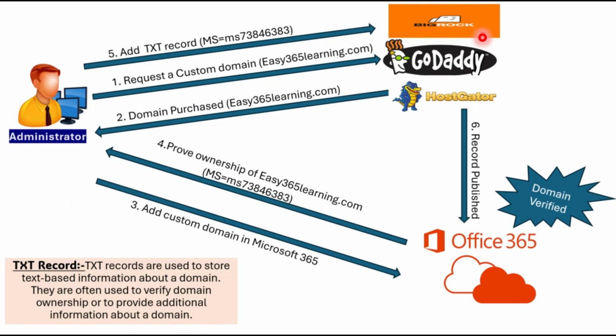And once the record is added there in the DNS registrar, it usually takes a few minutes to hours for the records to get published across the globe. And once the records are published, the domain will get verified in the Office 365 tenant. And that's how the TXT record is leveraged to verify the domain ownership in Office 365.